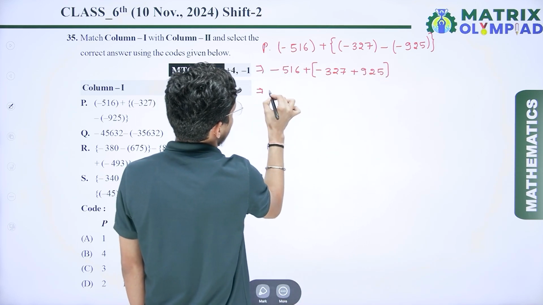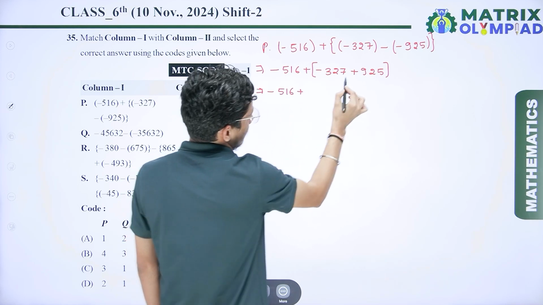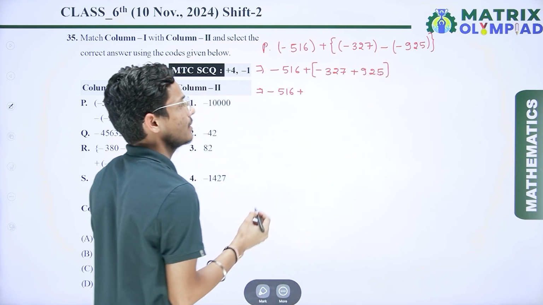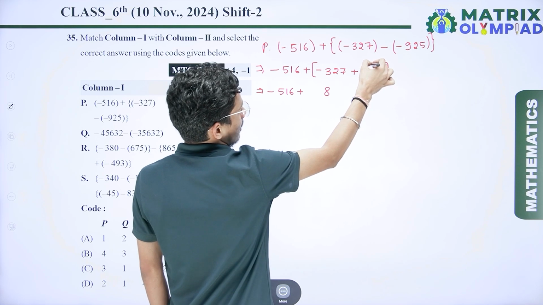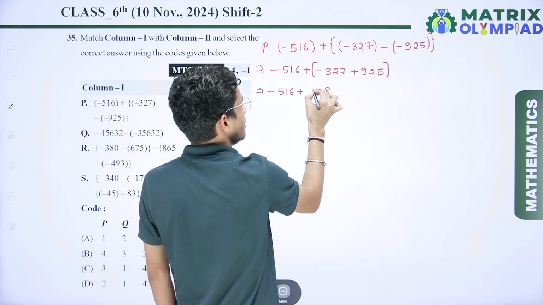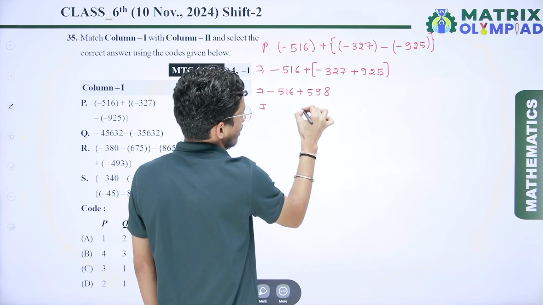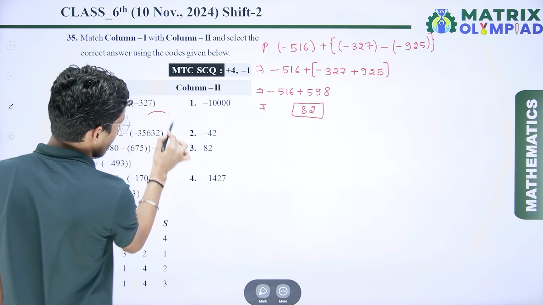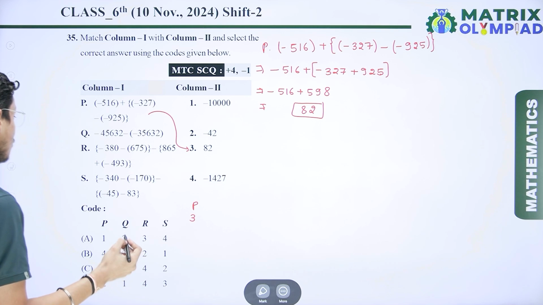So here I can say minus 516 plus, if I subtract here, I take common here, 15 minus 7, that is 8, and here 11 minus 2, that is 9, and here 8 minus 2, that is 5. So here if I subtract again, we get 82. So where is 82? It means P is connected to third.